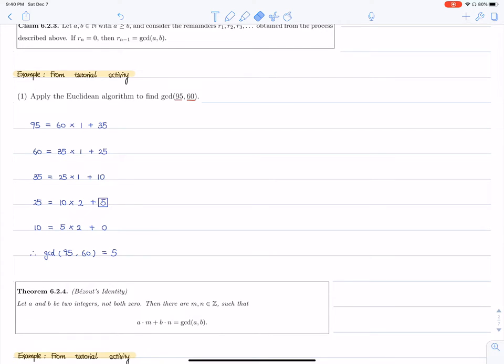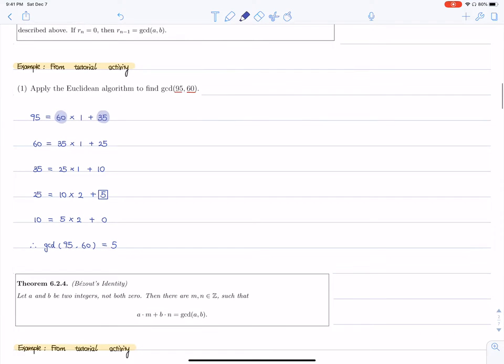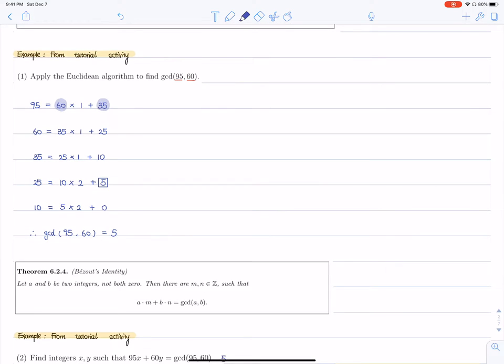Okay? Now you have 60 and 35. You repeat the same thing. You use the bigger number divided by the smaller number. So you get 60 equals 35 times 1 plus 25. And again, you use the bigger number, divide by the smaller number.